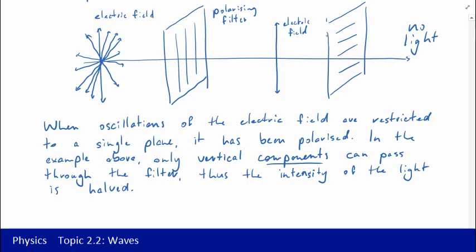So it's a fairly useful idea, that one. It's used in stress testing of materials. You can identify where the stresses are going to be if you allow light to pass through it and have two polarizing filters, so you can see the effect of the polarization as it passes through the material.